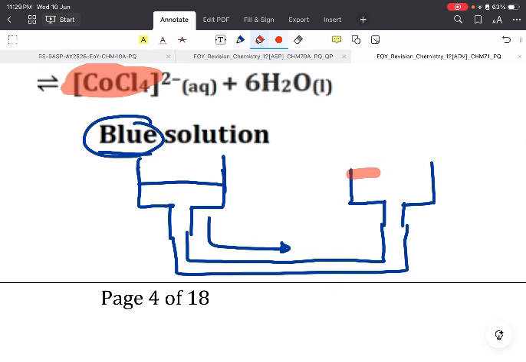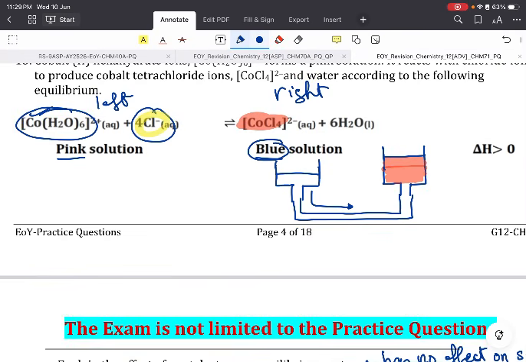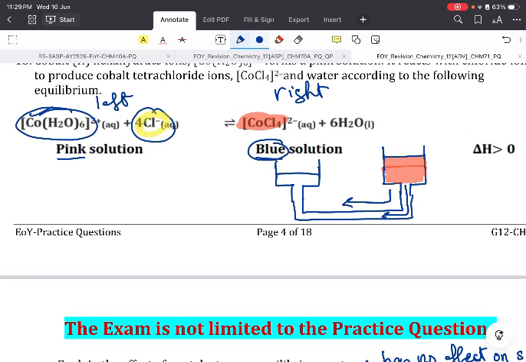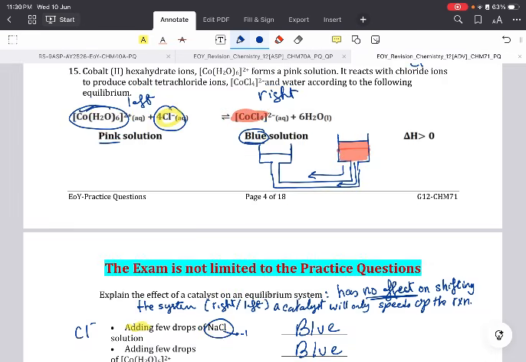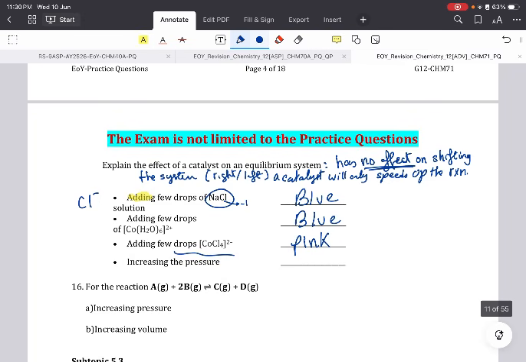So here I'm just going to have more of CoCl4 on this side. And if you have more, how will the water move in the tank in order to re-establish equilibrium? The water is going to go in this direction to go back to equilibrium. And this direction means left, and left means pink.